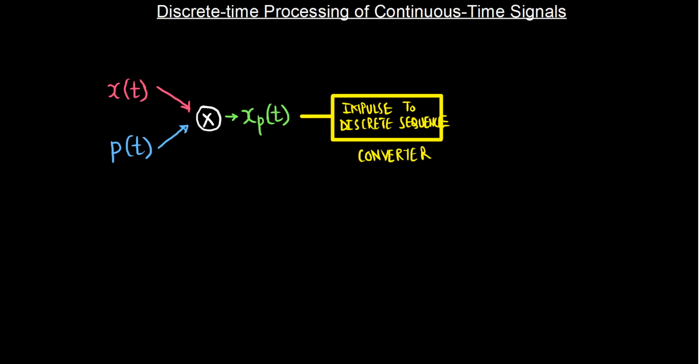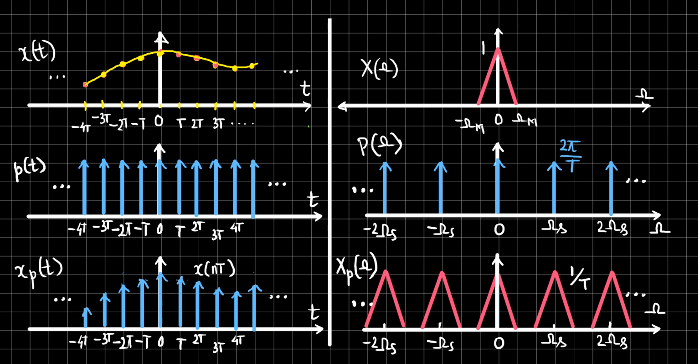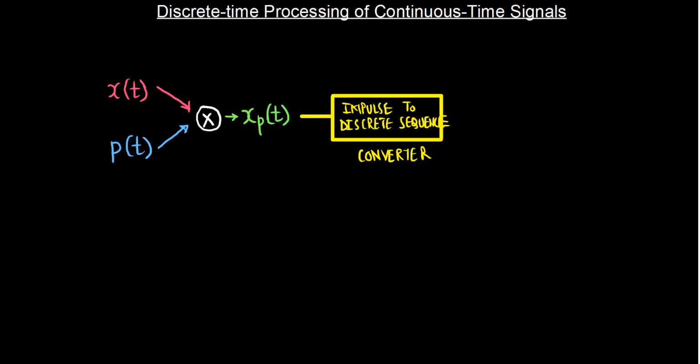So let's suppose I'm having a device that actually converts these impulses. Which impulses? The train of impulses that we have obtained, that is xp of t, and it should give you a discrete sequence.